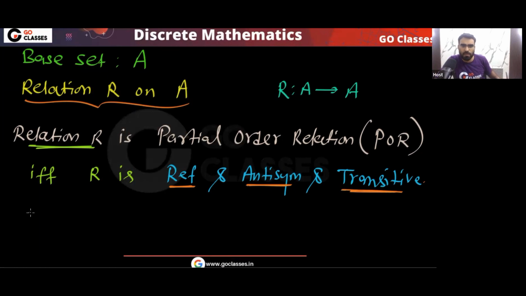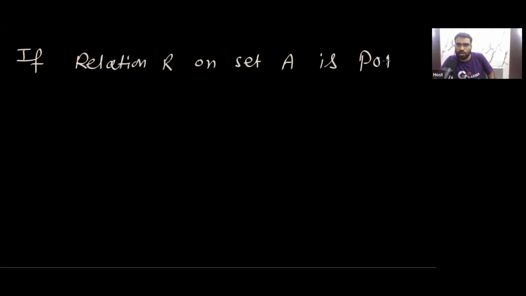And if R is a partial order relation on A, what will happen? There is a notation we use: this is the base set and this is your partial order relation.